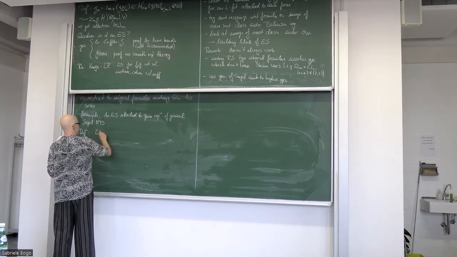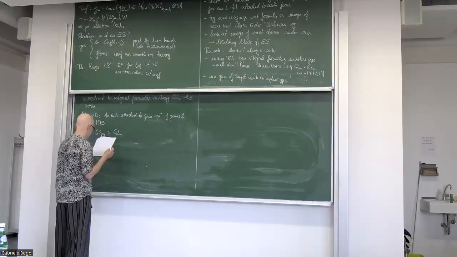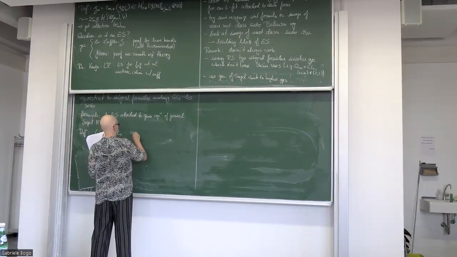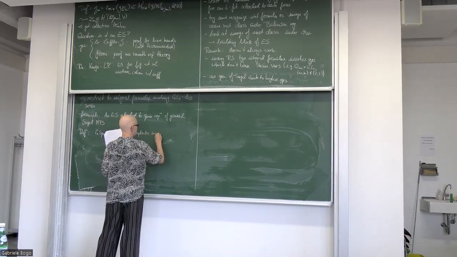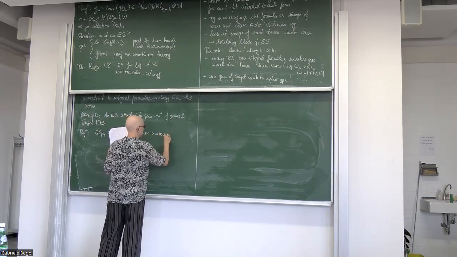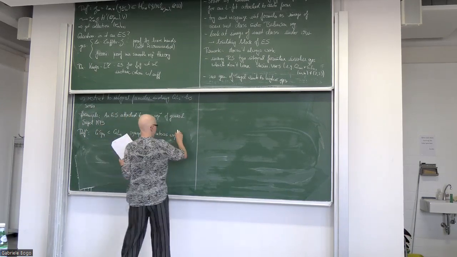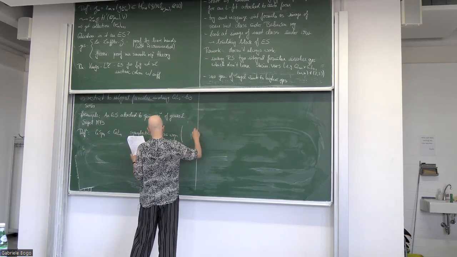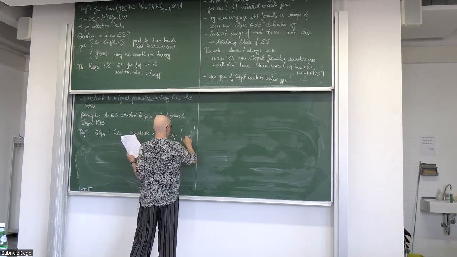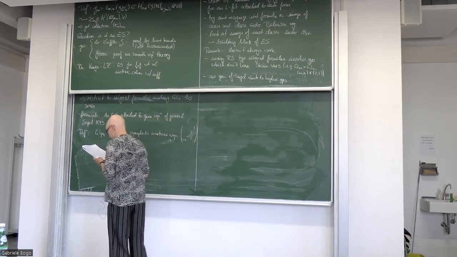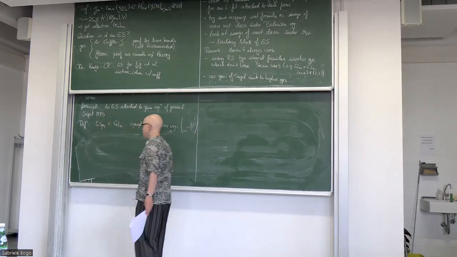I will let GSp4 be the subgroup of GL4 of symplectic matrices, with respect to the matrix with anti-diagonal 1, 1, -1, -1. So this is our analog of GL2.